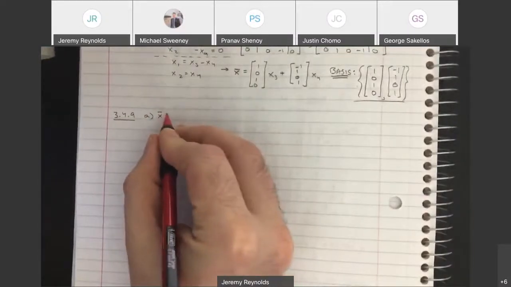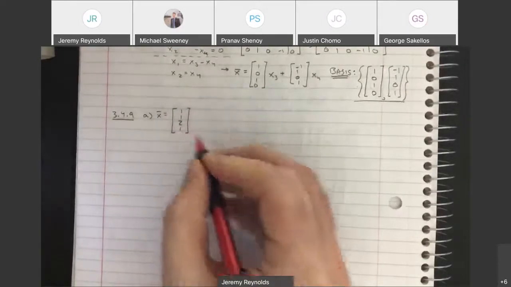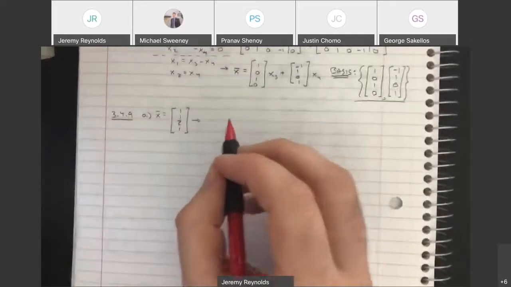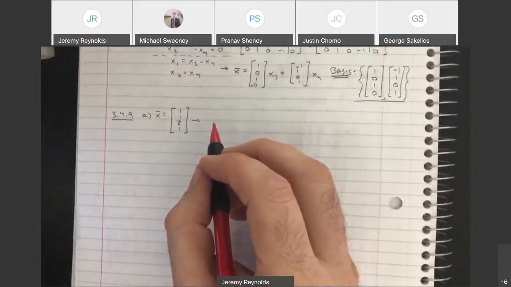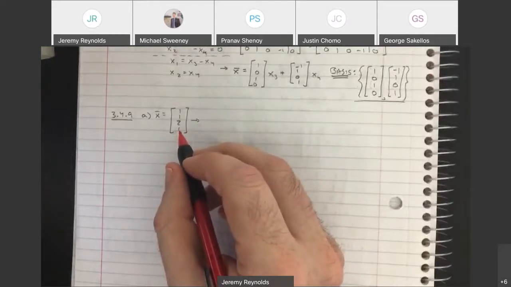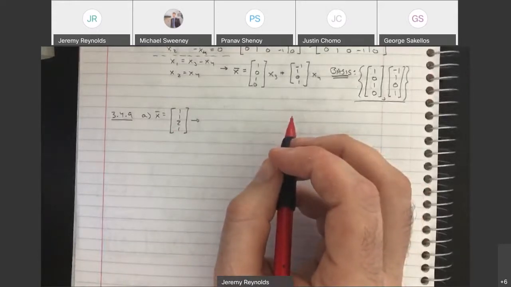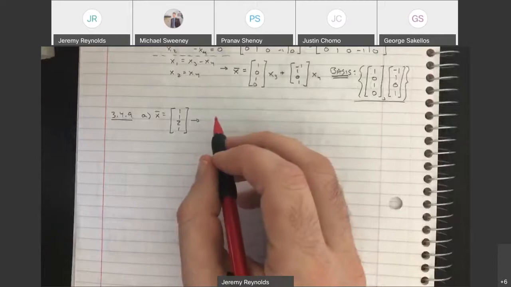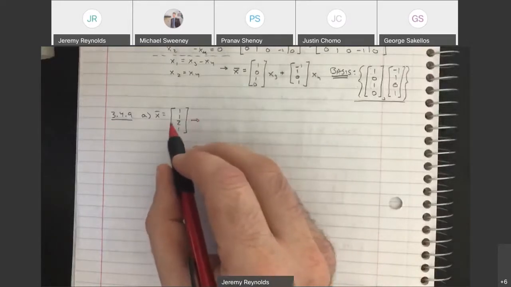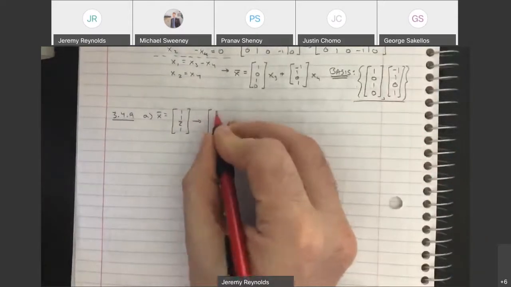The first one is 1, 1, 2, 1. If we want to figure out if that's in the span, there are two ways to do it. We could solve for a consistency condition, and then ensure that it falls into the consistency condition, or we can just directly solve for the coefficients x1 and x2 that we would multiply by each of these vectors to get it. That's what we're going to do because that's easier in my opinion.